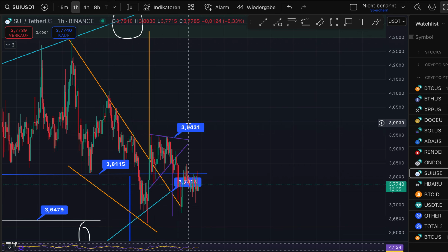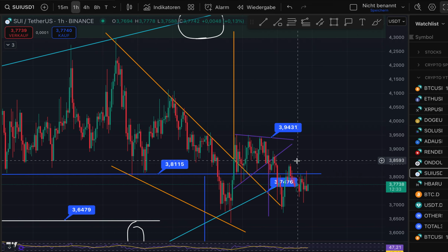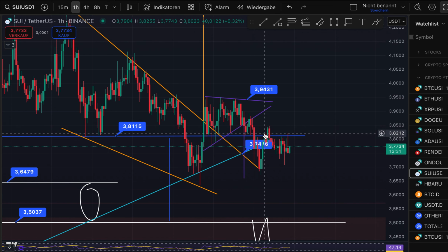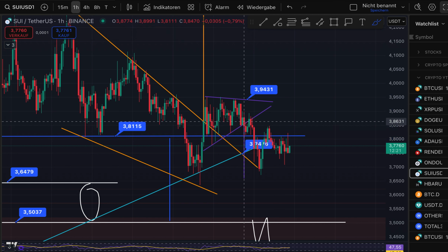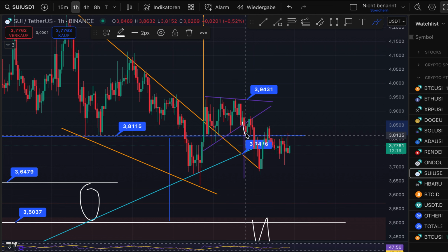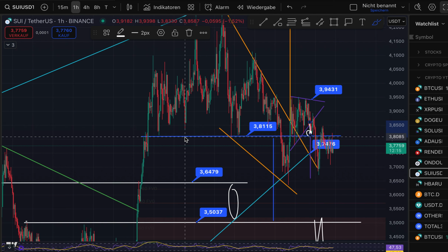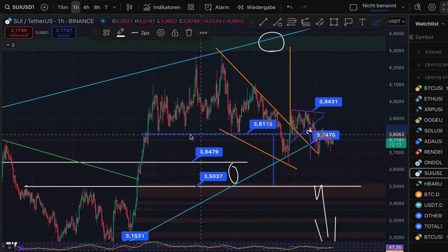So what about SUI? I've also told you that SUI is a bit more tricky because we have so many chart patterns, but we have to bring them together. So in purple, we have had an ascending triangle, which broke to the downside, where we got support on the dark blue trend line, which was here.